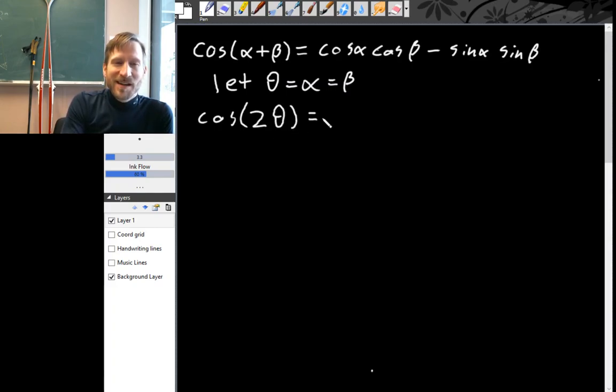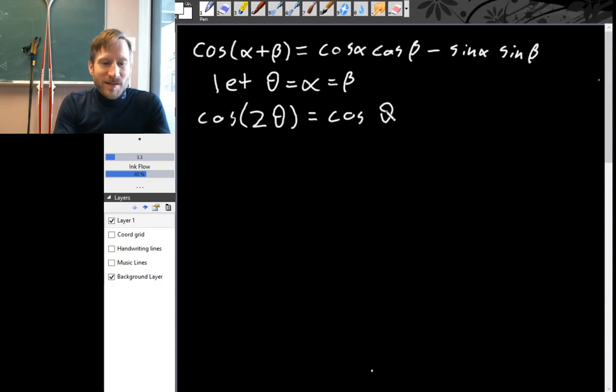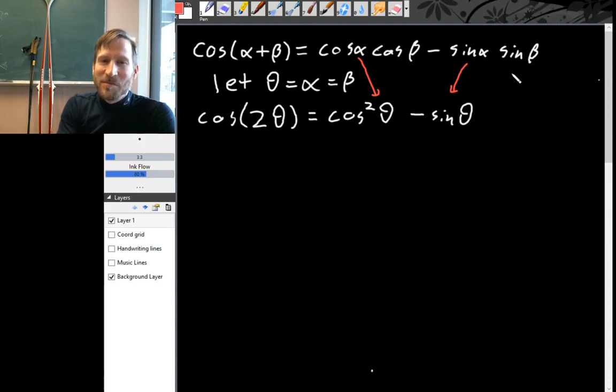And then the right-hand side turns into cosine theta times cosine theta, so that's cosine squared theta minus sine alpha, which is just theta, times sine beta, but beta is also theta, so that's sine squared theta.